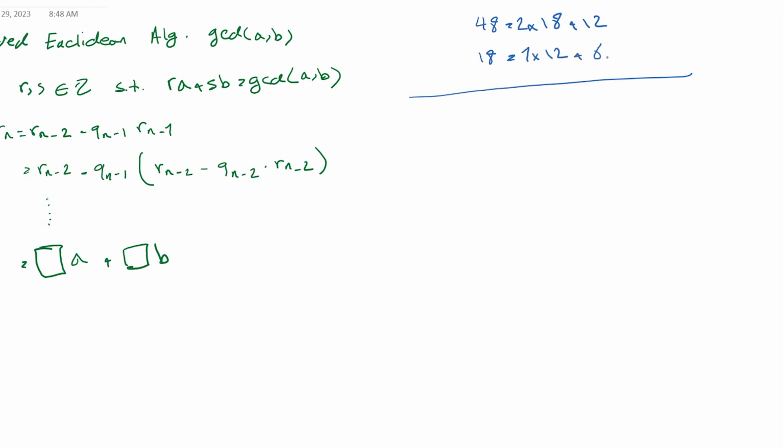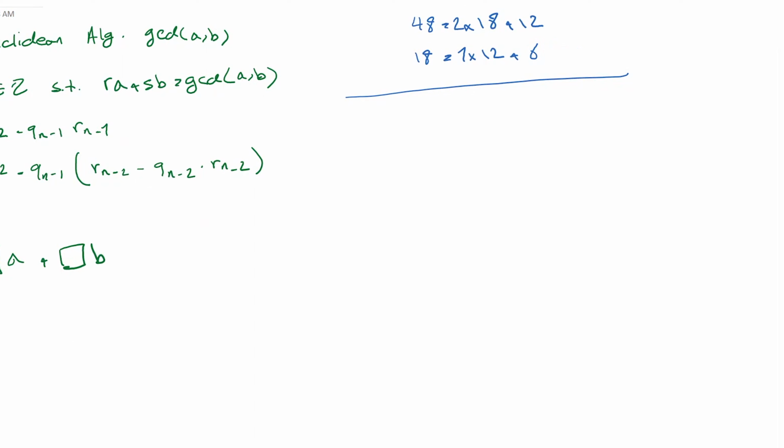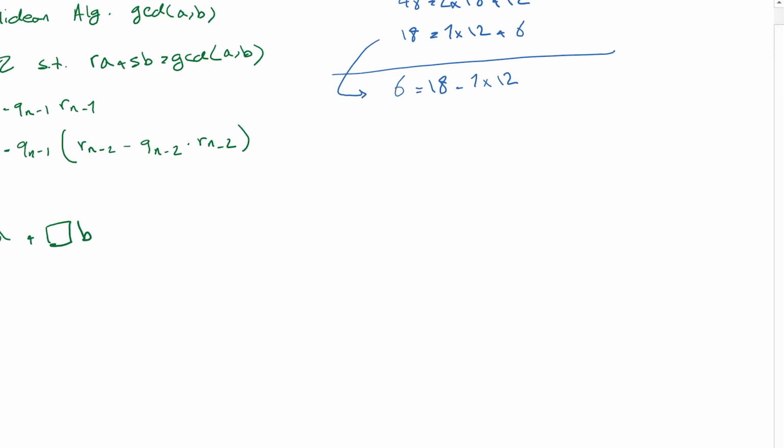So 6 was the GCD of 48 and 18. So I will start from the last equation, and the only thing that I do is treat these numbers as variables. I don't do multiplication or anything, and see how the magic would happen. So from this latest equation, I can say that 6 equals 18 minus 1 times 12, right? I'm just rearranging the formula.